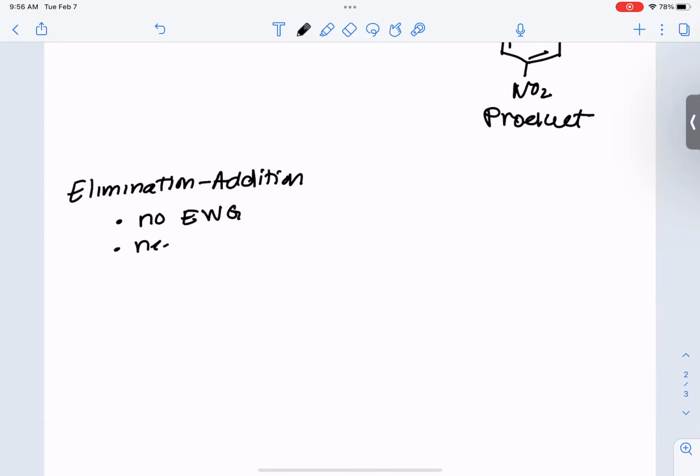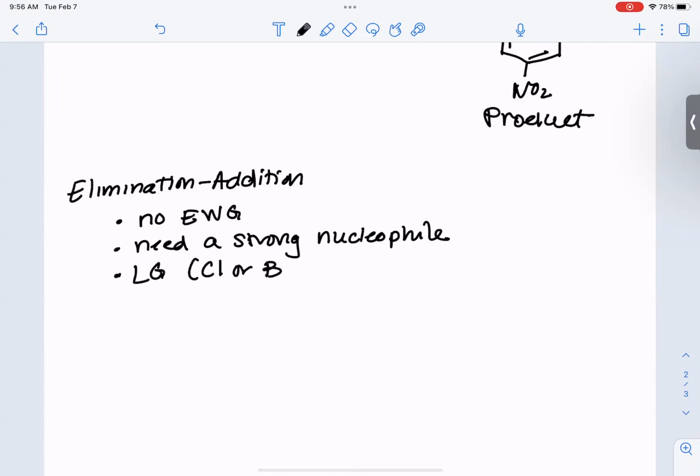And you need a strong nucleophile. You have a leaving group, which can be chlorine or bromine. And you're going to get a mixture of products.